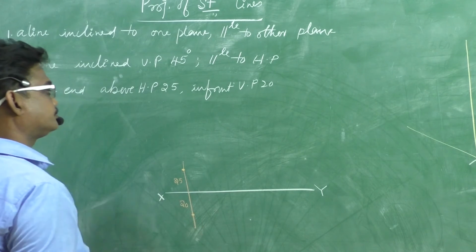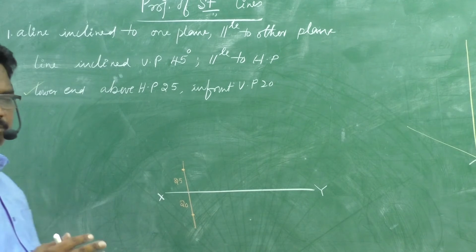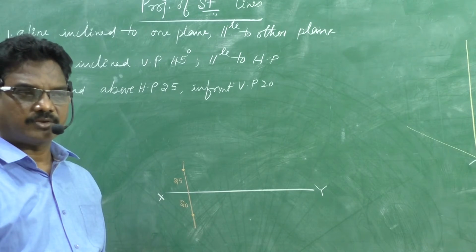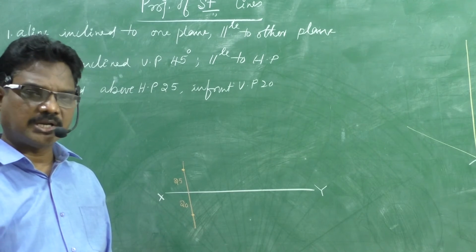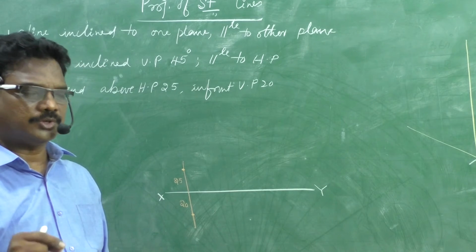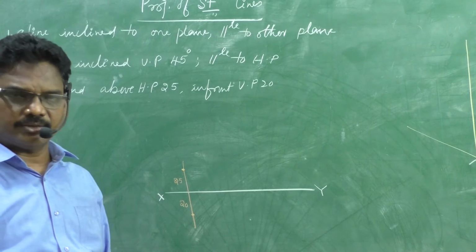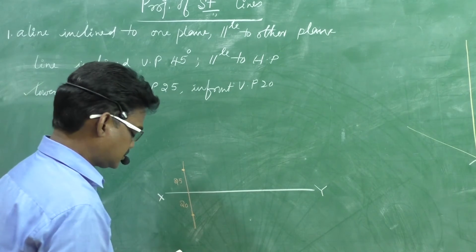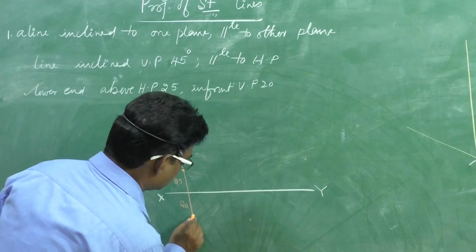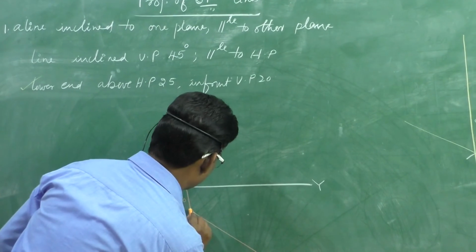Next, the line is parallel to HP. Which view do we need to draw first? The view which gives the true length and true inclination. In this case, the top view gives the true length and true inclination. Therefore, with a 45 degrees angle, we first need to draw the top view. This is 45 degrees.